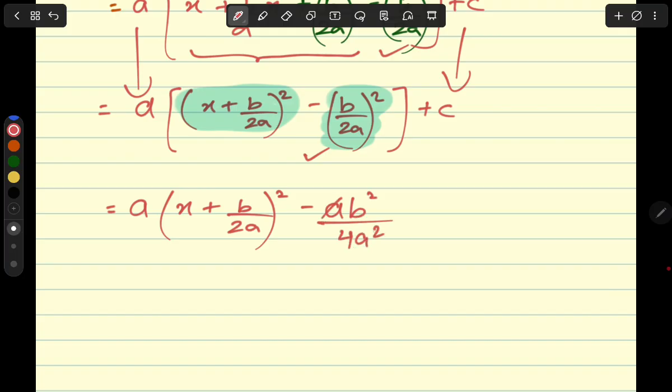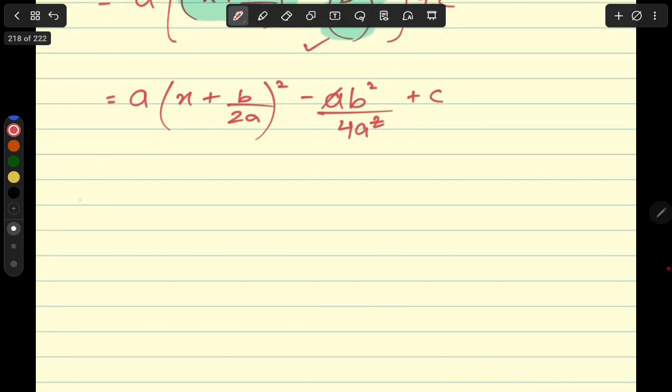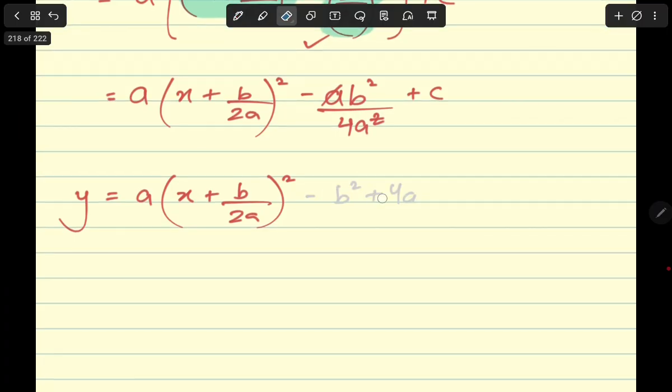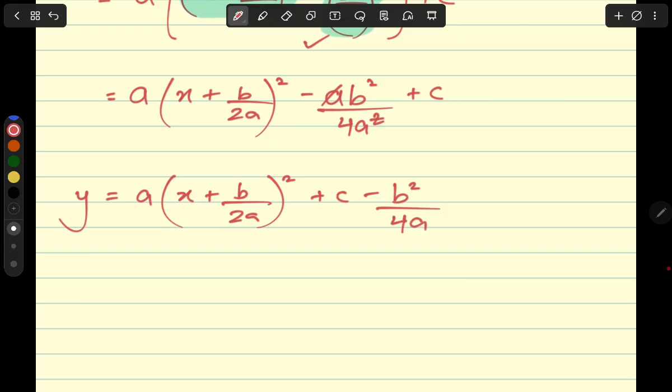And I can cancel this a with one a in the denominator, and then c comes here as it is. So now I have y equals a times x plus b upon 2a whole square plus c minus b squared upon 4a, right?